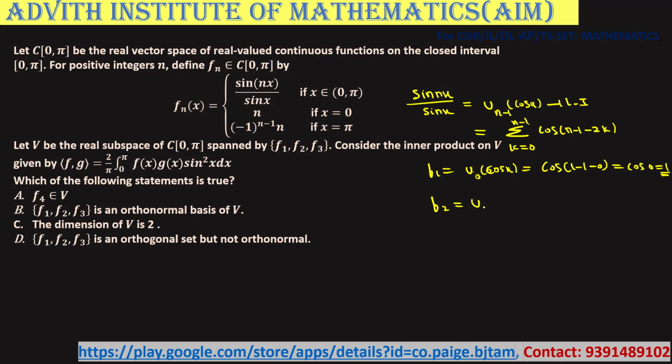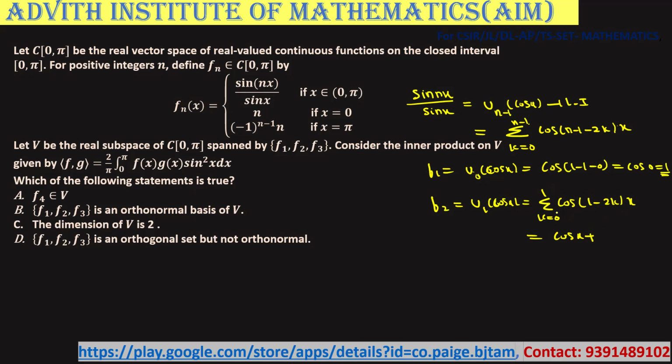N is equal to 2 అంటే U1 of cos x. So which is equal to summation of k is equal to 0 to n minus 1, 2 minus 1 అంటే 1 into cos of, n is equal to 2, 2 minus 1 is 1, minus 2k, into x. K is equal to 0 to 1. So therefore k is equal to 0 అయితే cos x, right?